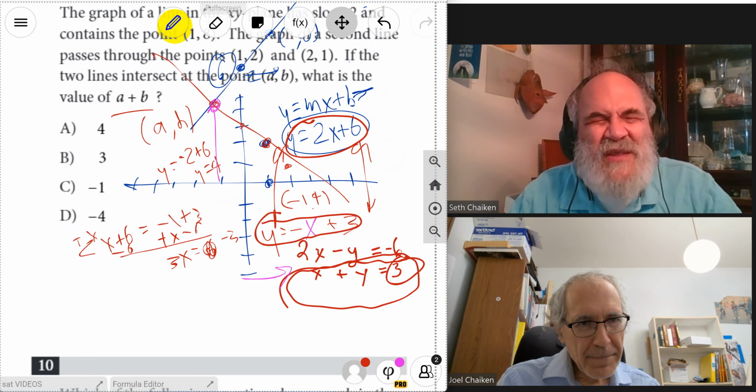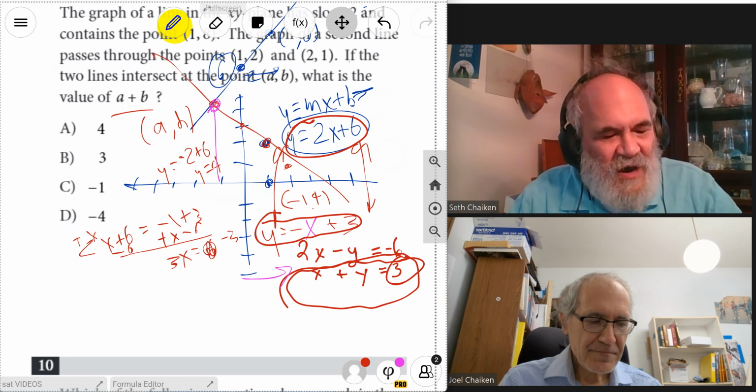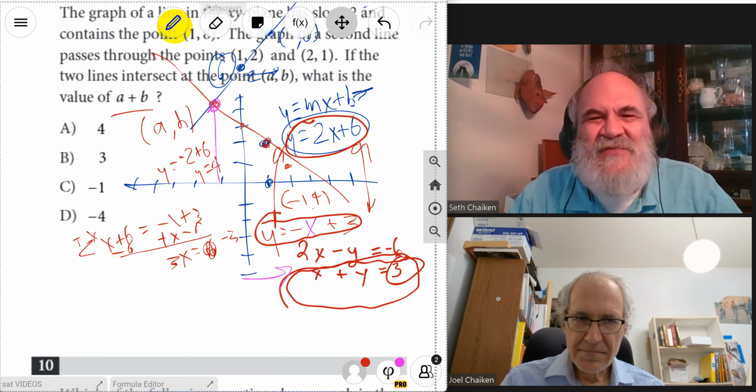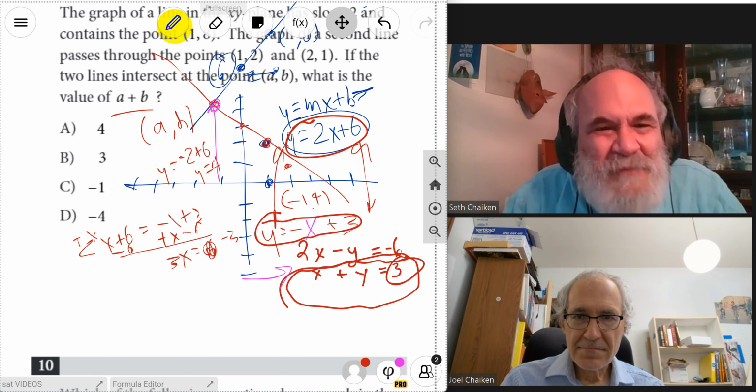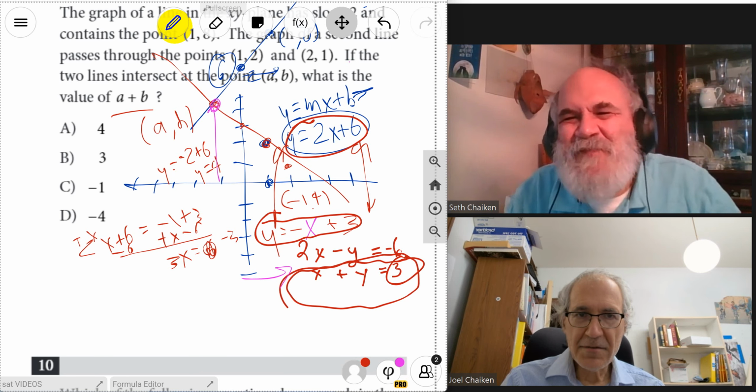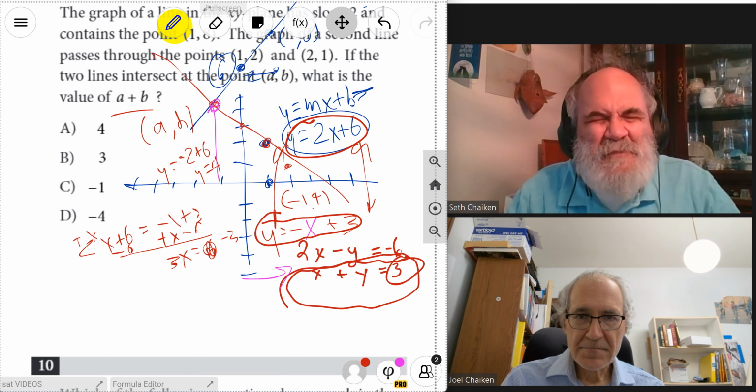Okay, when you were discussing the problem, I thought of another way of seeing the trick. You were talking about finding the slope of the second line. What I did was visualize.